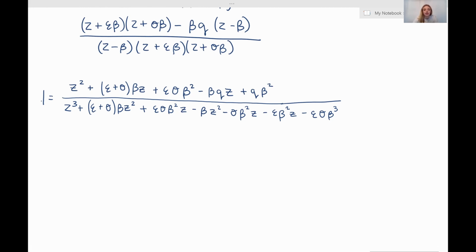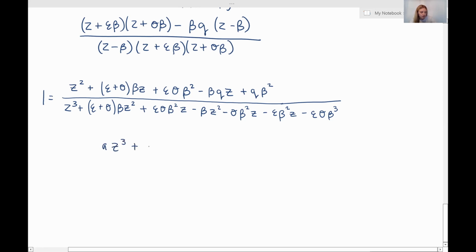So that way we can find our a, b, c, and d values for our cubic polynomial. So as a reminder, we'll have a z cubed plus bz squared plus cz plus d.